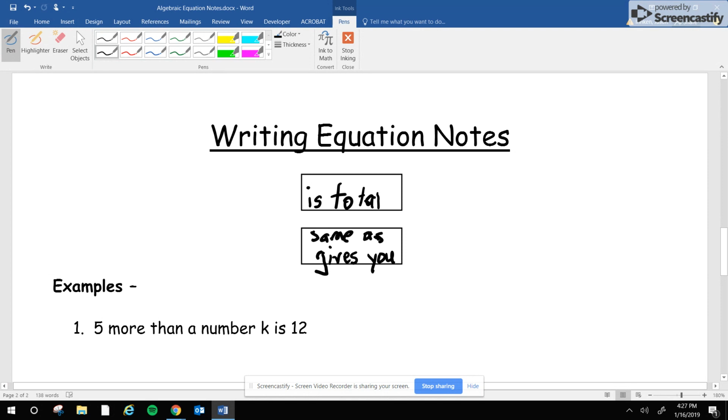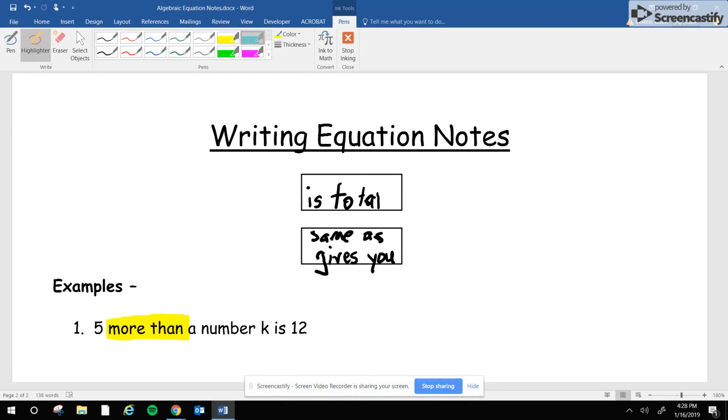So if you look at the examples here, the first one says 5 more than a number k is 12. So our key word, as you see here with writing expressions, is that the words more than mean addition. So I'm going to highlight more than.